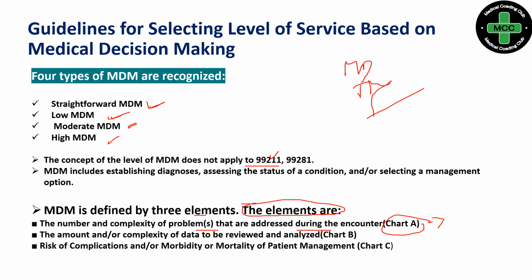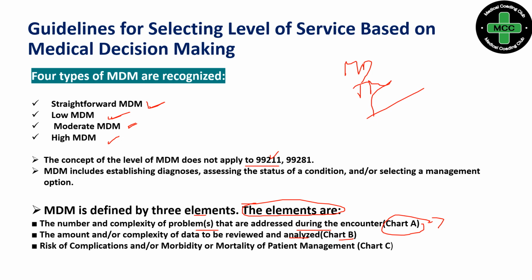Next, the amount and complexity of data to be reviewed and analyzed. In order to treat the problem which is being identified, or the problem that the patient is expressing, and to find the exact reason, we will follow a few procedures. The provider will perform a few procedures that will be categorized in chart B. In simple words, data points.